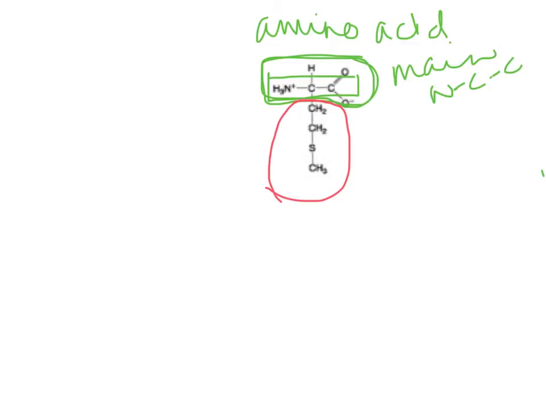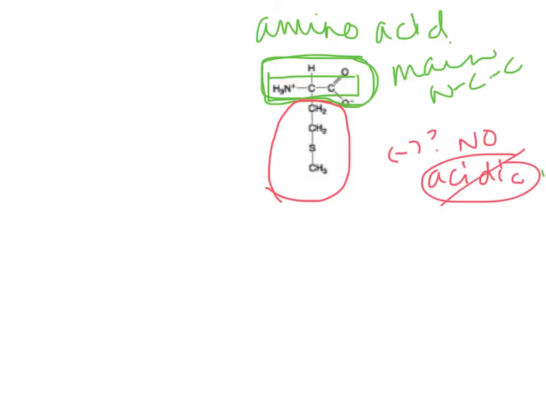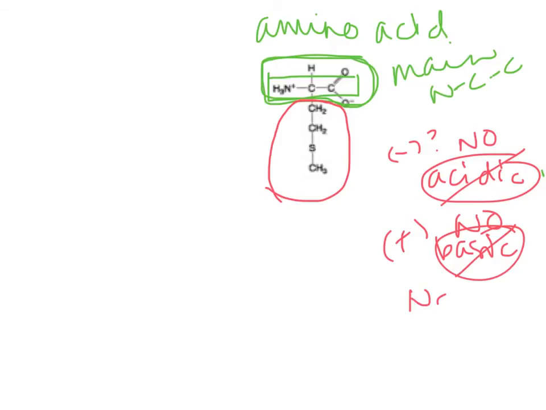Does the side chain have a negative charge? No. So it cannot be acidic. Does it have a positive charge? No. Cannot be basic. If the side chain is uncharged, yes. Does it have an oxygen atom? No oxygen.